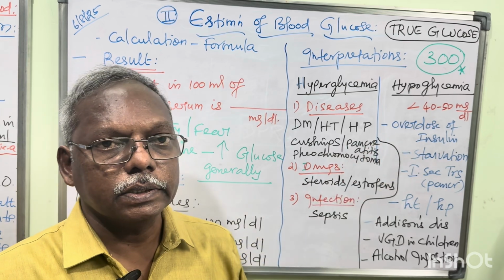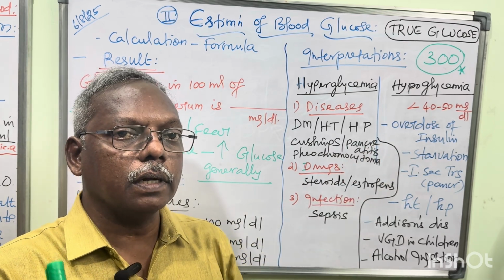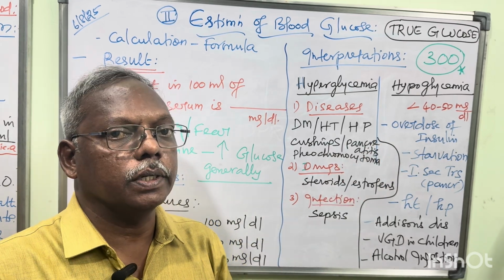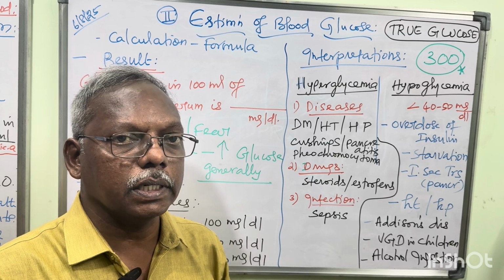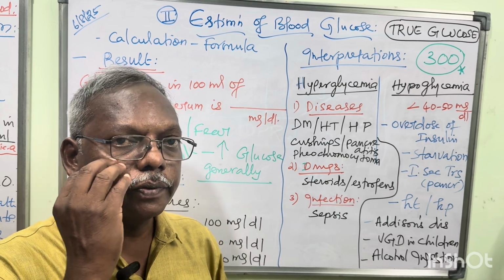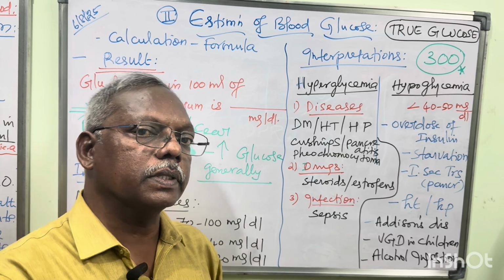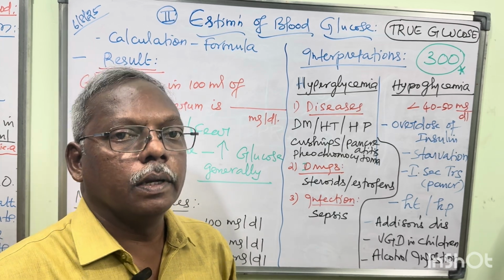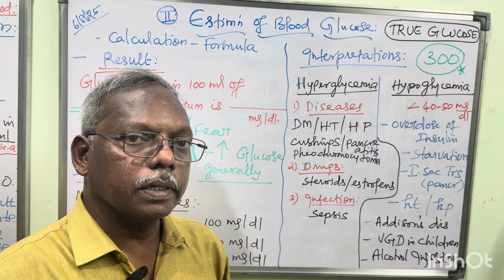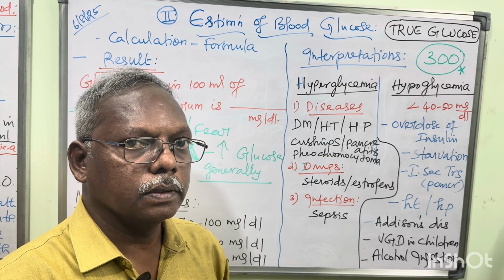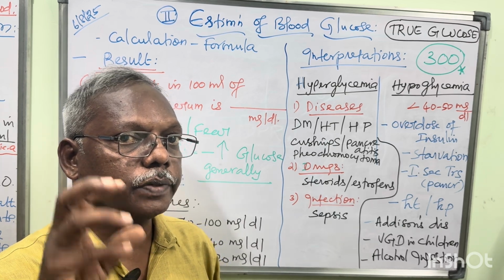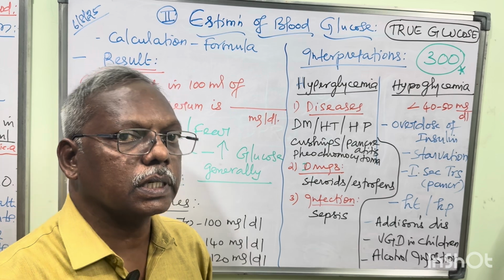The first one is accidental ingestion or overdose of insulin. Usually for type 1 patients, already they are taking insulin for their management. Sometimes what happens is 2 times they are giving the same unit of insulin in breakfast time or dinner time or night time. That is overdosage of insulin. Commonest cause.